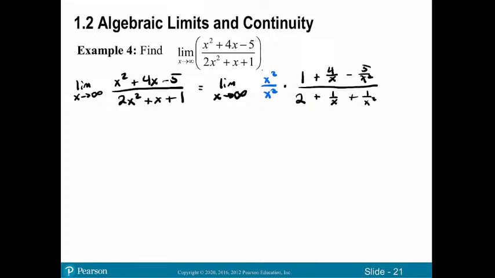So that blue part is just 1, so it kind of disappears. Now as we take the limit as x goes to infinity, here we have a fixed numerator. As the denominator gets bigger and bigger and bigger, this expression goes to 0.